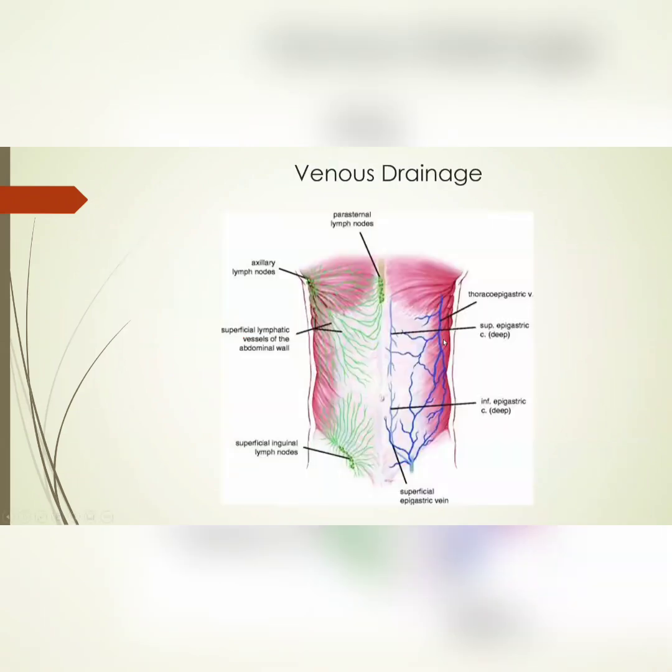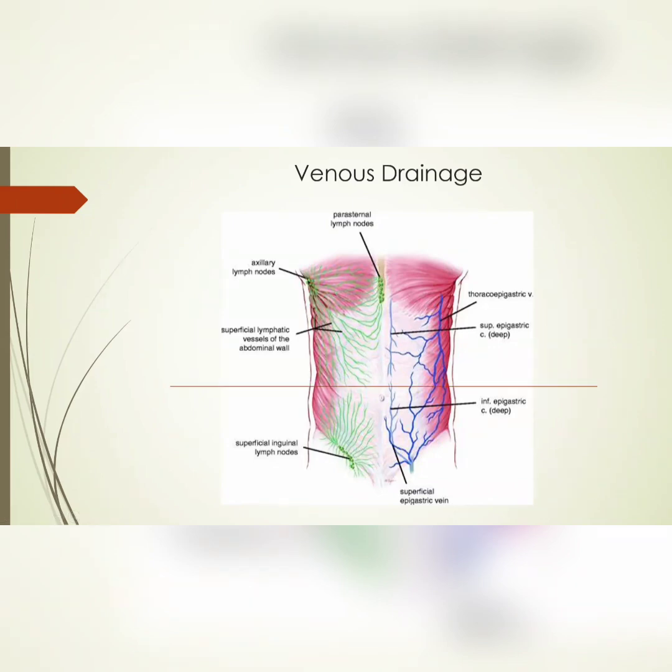The superior epigastric vein here, and laterally there is a thoracoepigastric vein. This thoracoepigastric vein finally drains into the axillary vein, and the inferior epigastric vein finally drains into great saphenous vein.